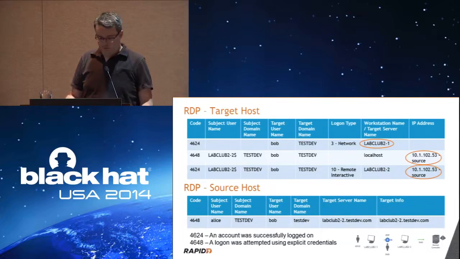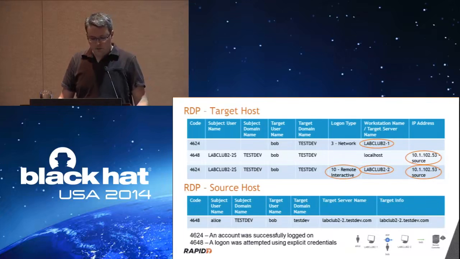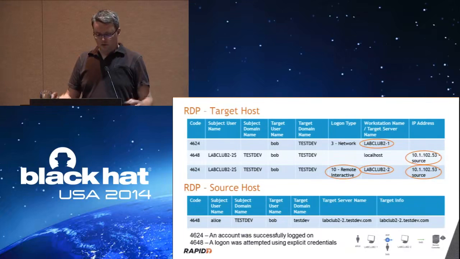So Bob shows up on the target host as expected. One other interesting bit here is that the target host is the only place where, in the specific log type of 4624, you actually get the login type that indicates that this is a remote interactive login. This is something that Matt pointed out.